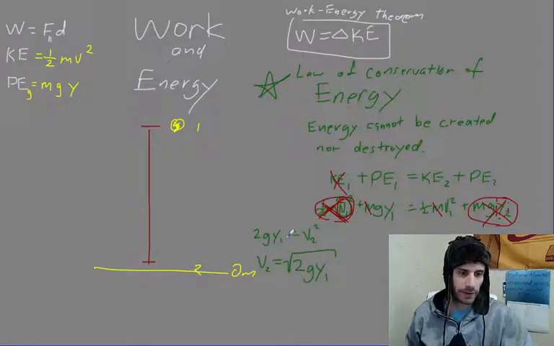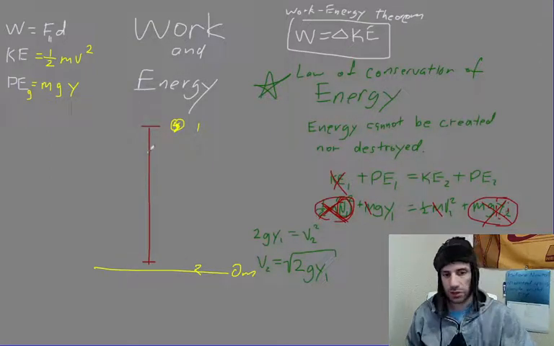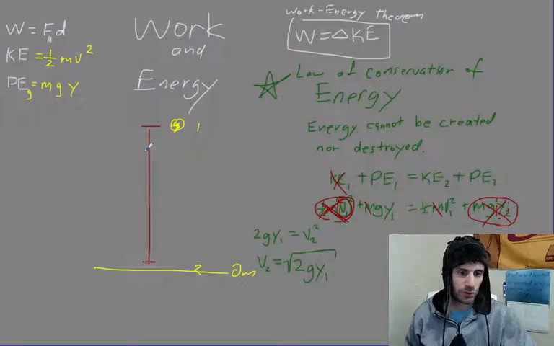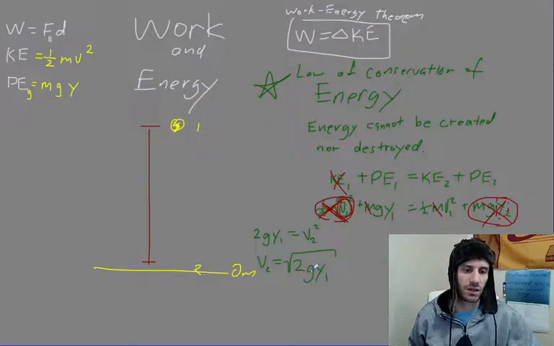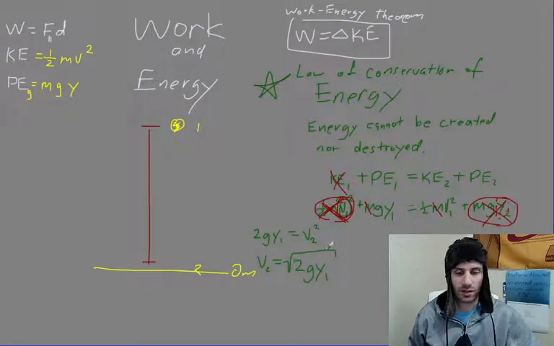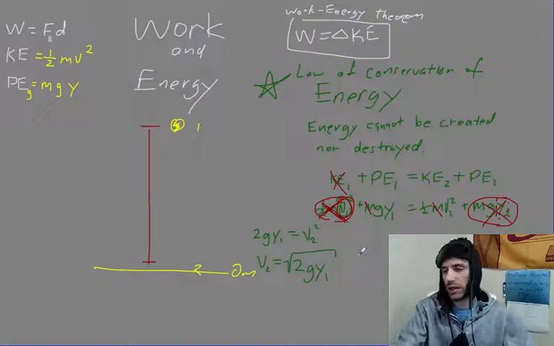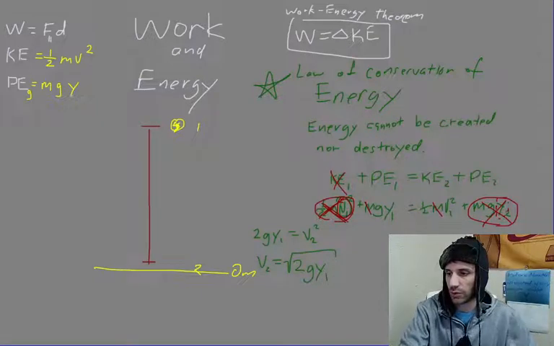Okay, and that's it. So if you have, let's say for example, a 1 meter high distance that you're going to drop something from, so that'll be 1 times, let's say about 10 meters per second squared acceleration due to gravity. So 1 times 10 is 10, and then times 2, and so you've got 20, and then take the square root of that, and so then that will give you the velocity.